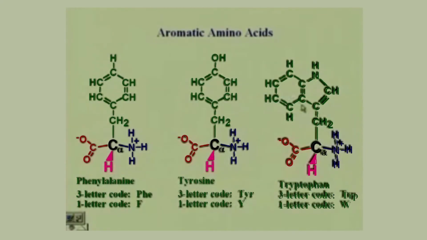In tryptophan, we have an indole ring attached to the CH2. This is a very bulky amino acid, as you can see by the sheer size of it, and it is quite rare in proteins in that it is not present to a very large extent in many proteins.